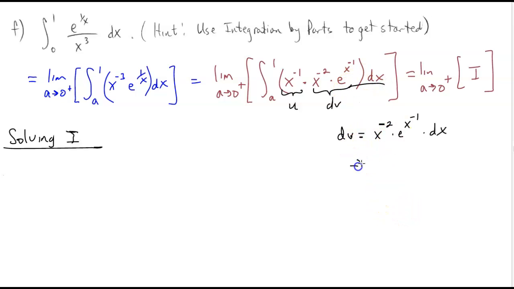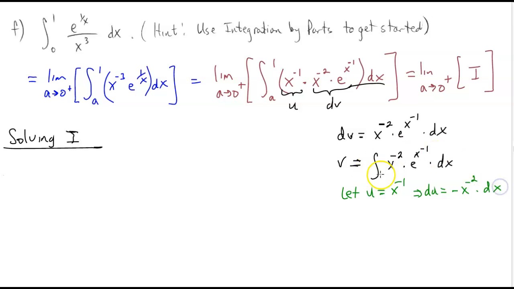Okay. Now, I look at this differently. If I go find out what v is, then I'm essentially saying what is the antiderivative of this. And of course, I could use a substitution here. Okay. So let me get a different color. So if we let u equal x raised to the negative 1, then that means that du is going to be a negative x raised to the negative 2 dx, which is exactly what I needed.